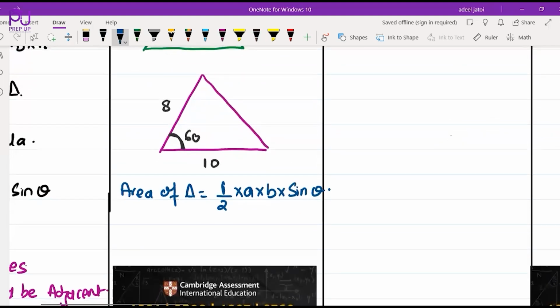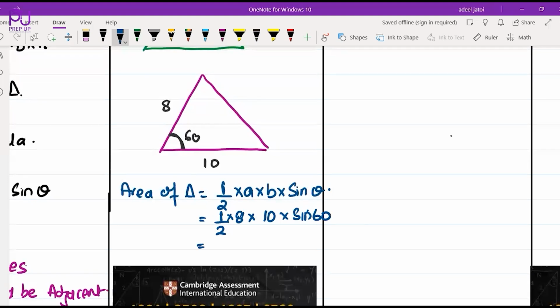This is your formula. That means half into 8 into 10 into sine 60. Just remember that the sides should be adjacent to the angle given.